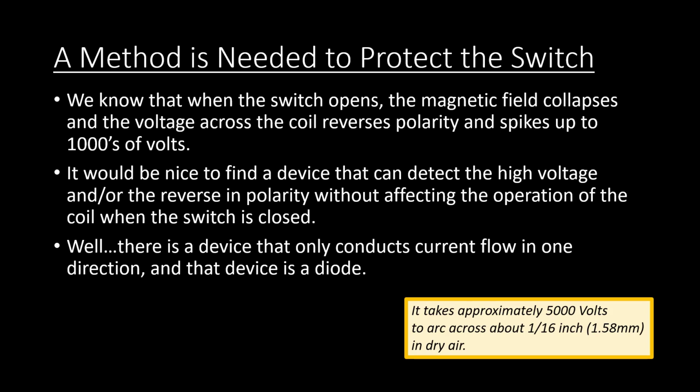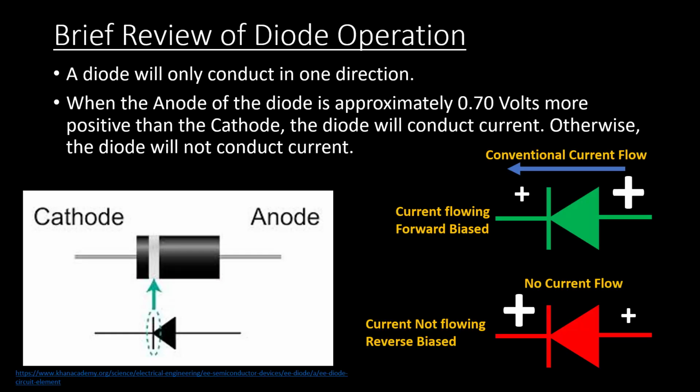Well, we do have such a device, and that device is called a diode. A diode will only conduct in one direction. It's a solid state device, but it will only conduct current in one direction. So this and this and this are the schematic symbol for a diode.